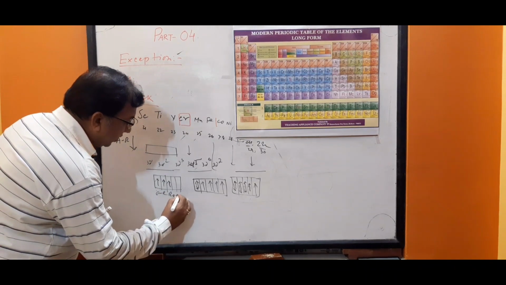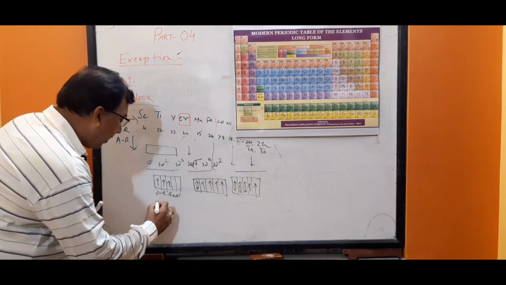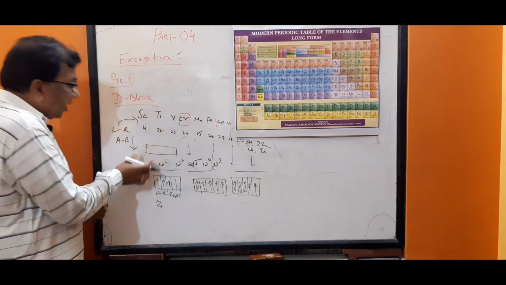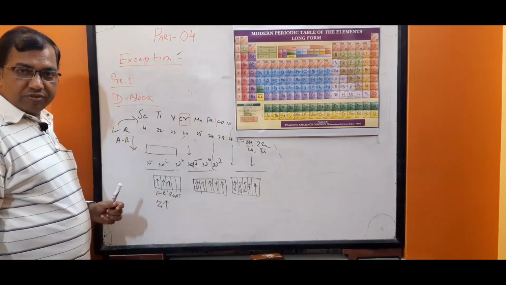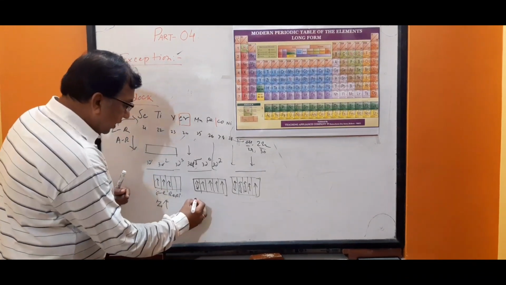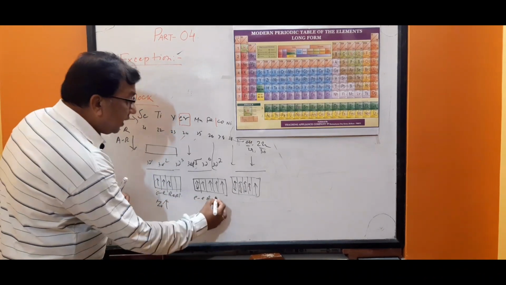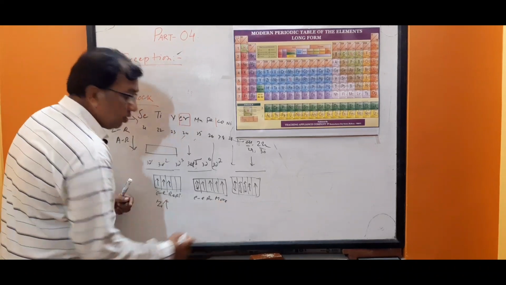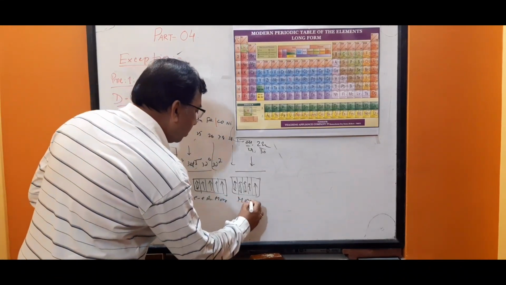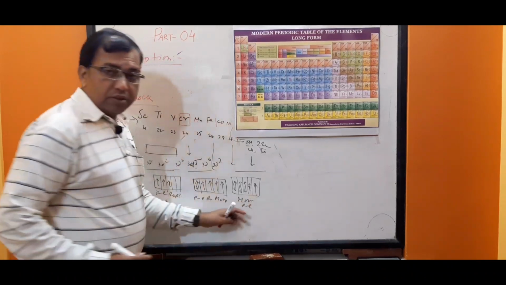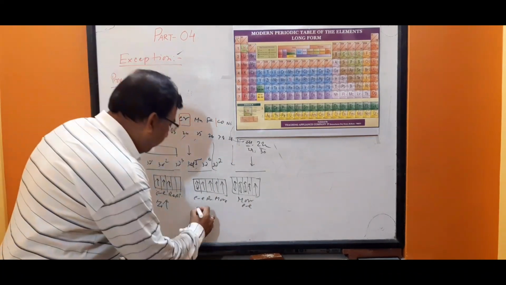Electron repulsion is less here, but the effective nuclear charge is greater. Here also electron repulsion is more than this; here the electron repulsion is a bit higher.